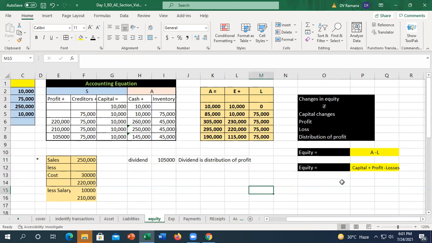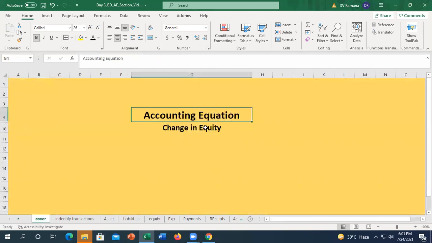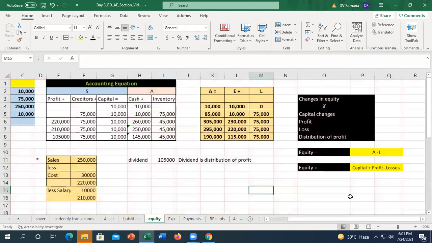For the time being, we are just using the word profit. Slowly as we move along, we'll change the word and call that reserves, or we'll use retained profit. So the objective of the session was to understand the accounting equation and observe the impact of the change in the equity on the accounting equation.